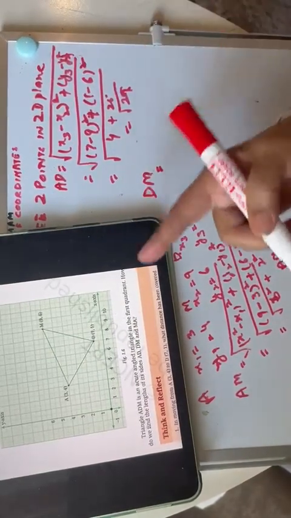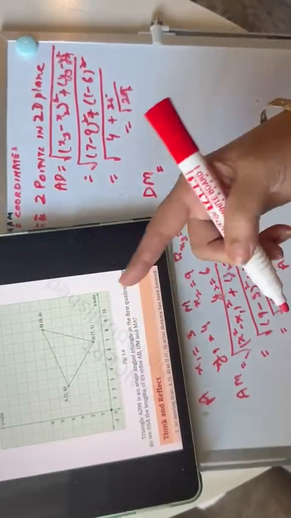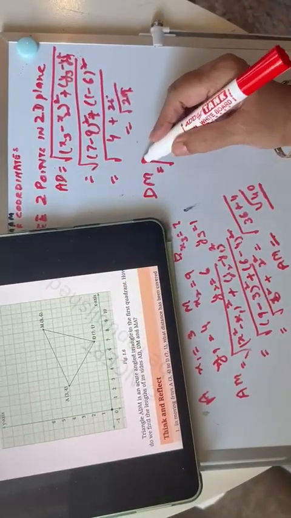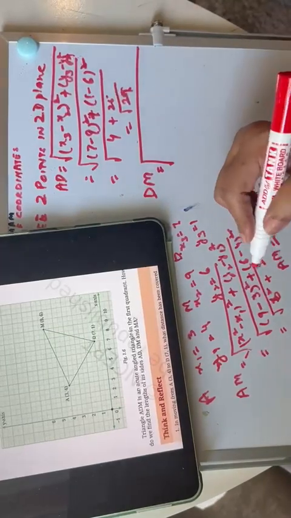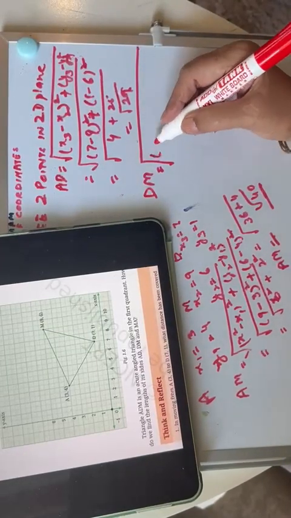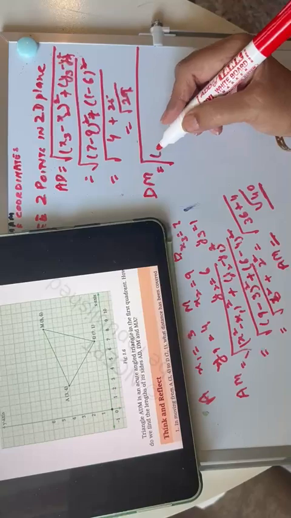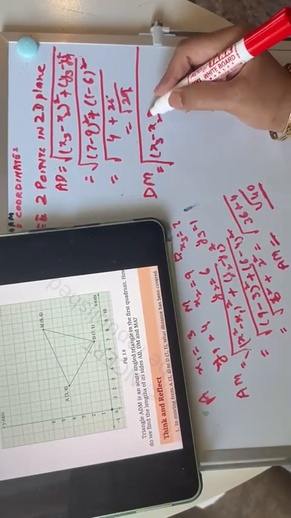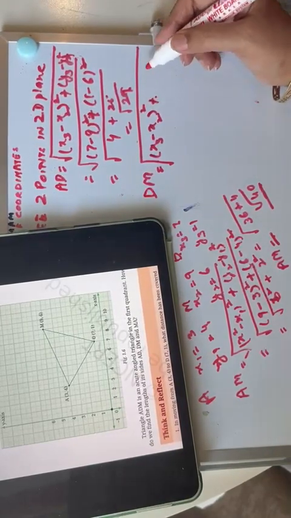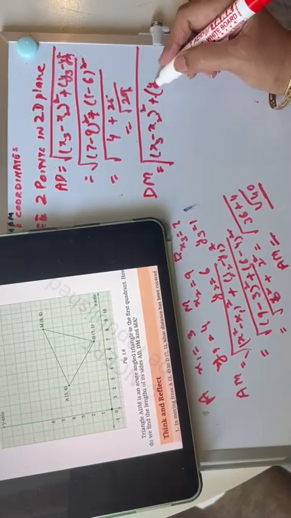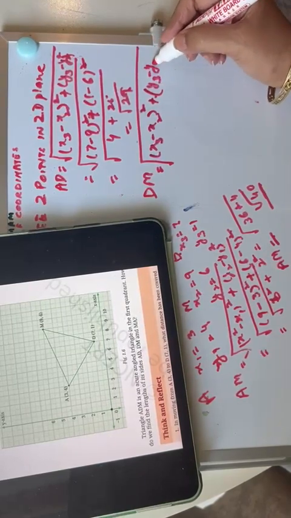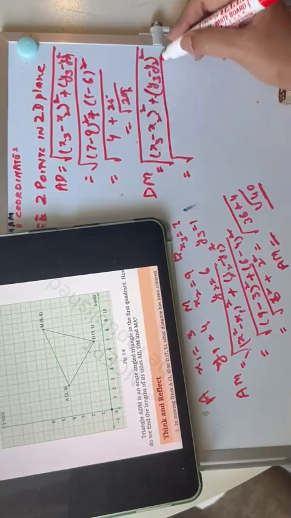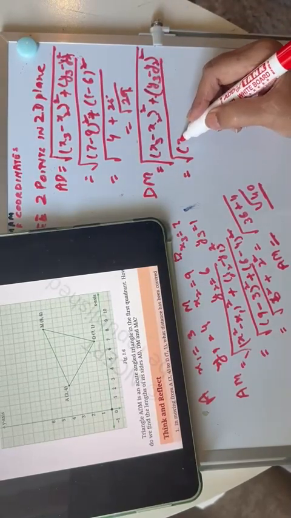DM is equal to, these 2 points we have taken, x2 and x3, y3. So x3 minus x2 whole square plus y3 minus y2 whole square.